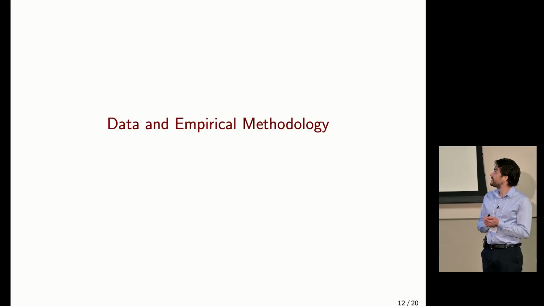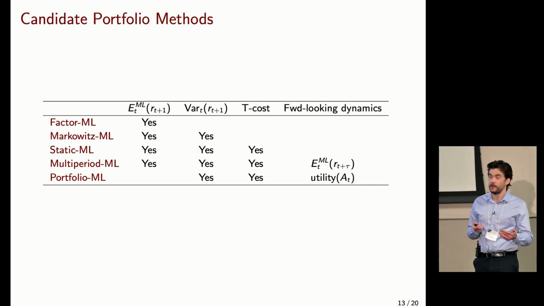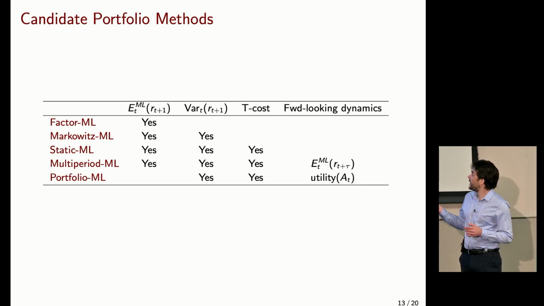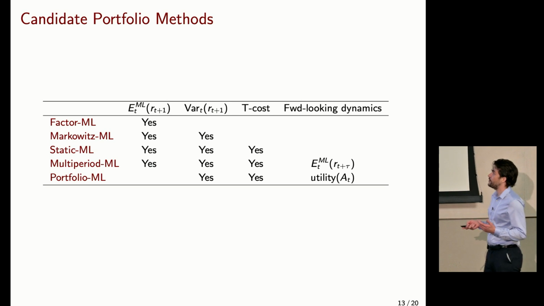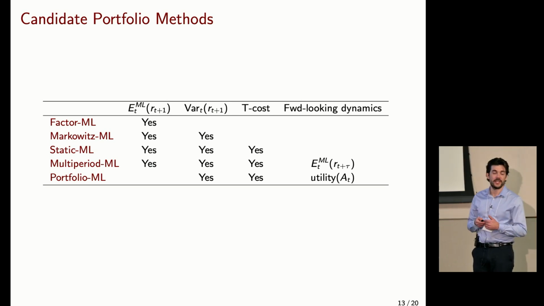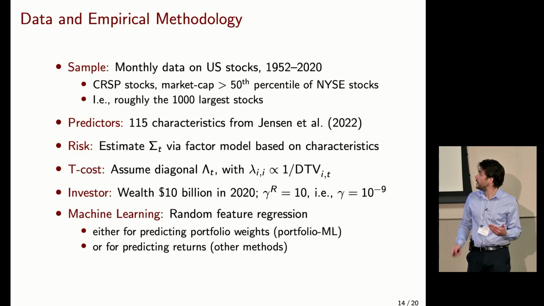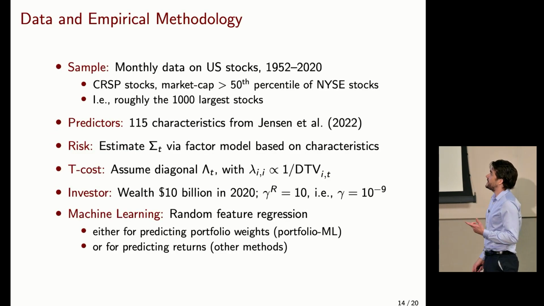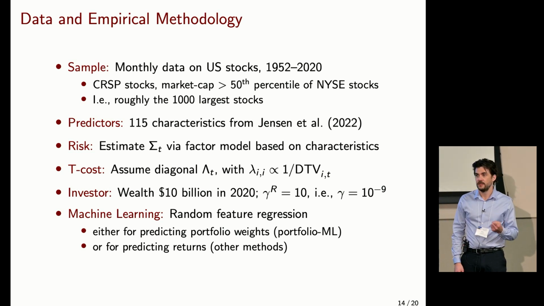Now, to the empirics. We're going to consider these 5 different portfolio methods, where the first 3 are our benchmarks, the last 2 are our methods. The distinguishing feature of our methods is that they take these forward-looking dynamics into account. Now, in terms of data, we're using monthly data on US stocks.